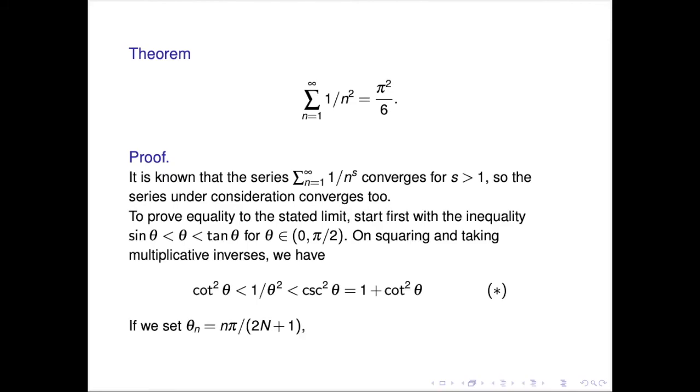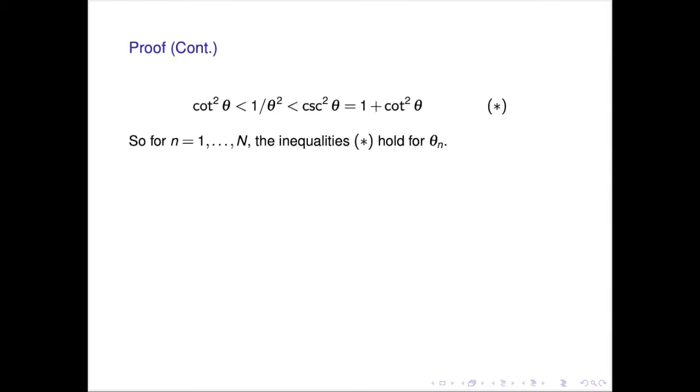Now, if we set theta sub n equal to little n pi over 2 capital N plus 1 for n equal to 1 all the way up to capital N, then theta sub n always lies in the open interval 0 to pi on 2. Hence the inequalities asterisk hold for n equal to 1 up to capital N, where theta is substituted by theta sub n.